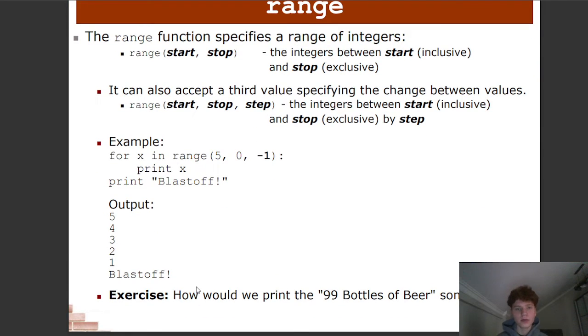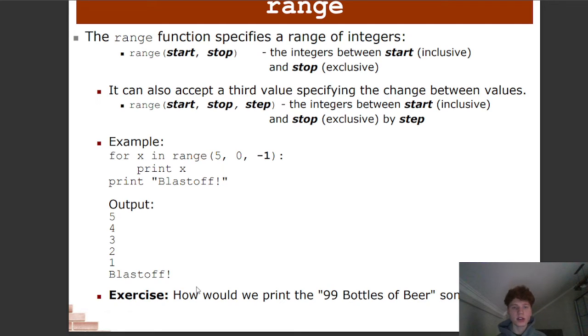Range. The range function specifies a range of integers. Range(start, stop): the integers between start inclusive and stop exclusive. It can also accept a third value specifying the change between values.